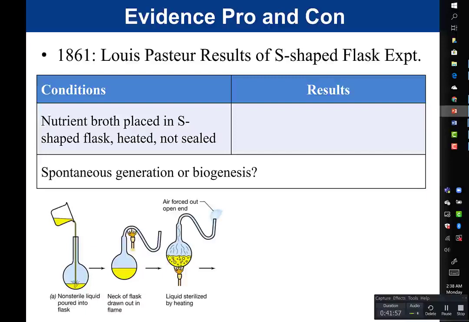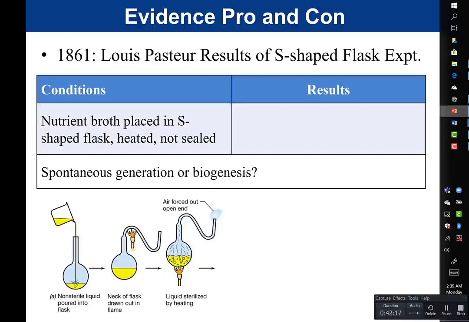In 1861, Louis Pasteur did an experiment using this S-shaped flask. So what he did in his experiment was he took this broth and he poured it into a flask. So he took this non-sterile liquid, this broth, and poured it into the flask.